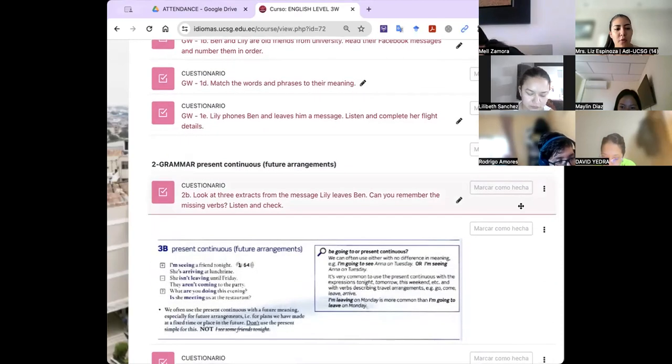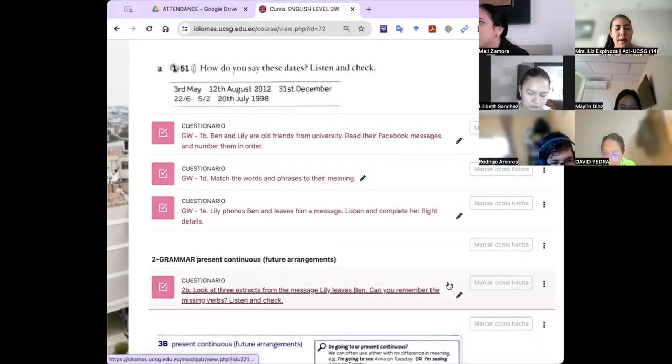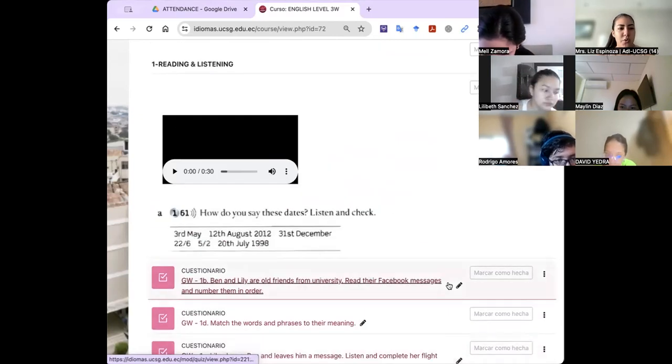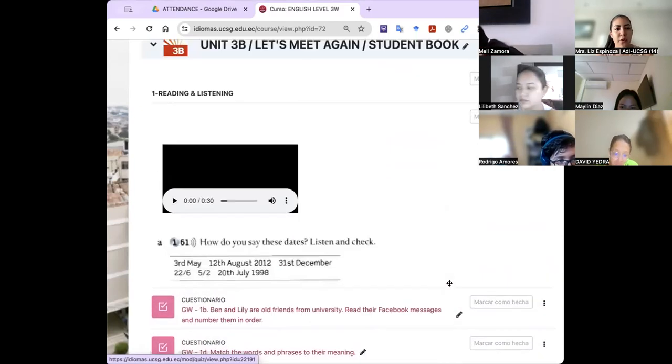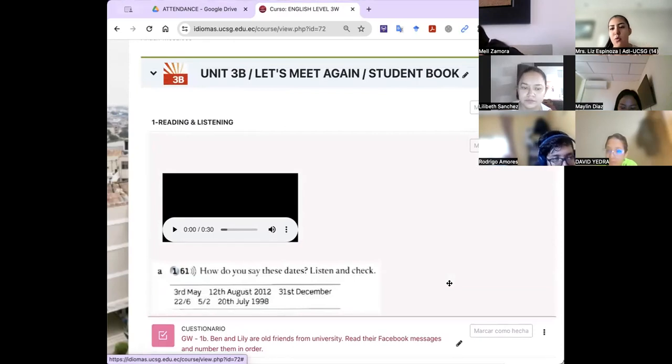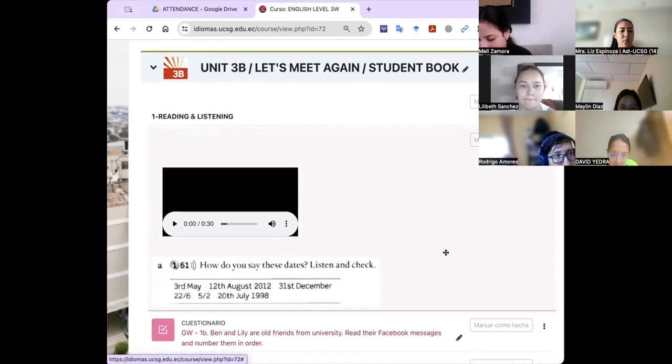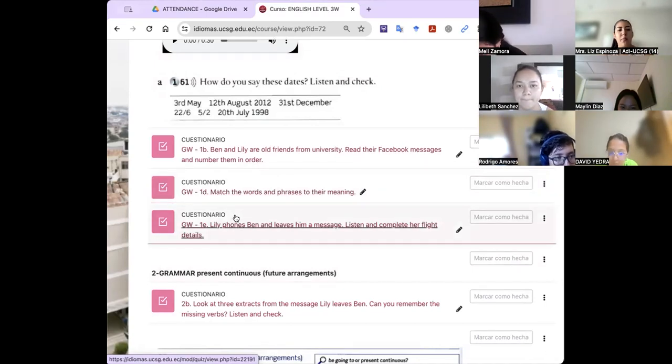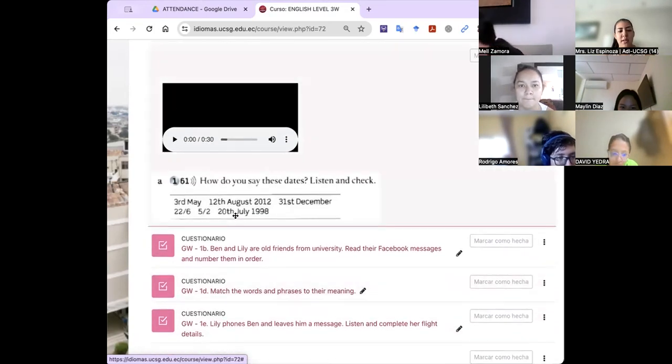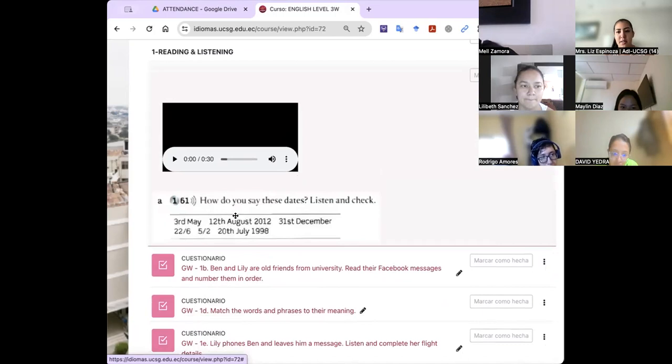Okay, but before I go directly to this chart, I want to check something with you. If you see 3B, refresh the Moodle because now you can see it. It says GW, GW, GW because they are small activities regarding a reading task, okay?